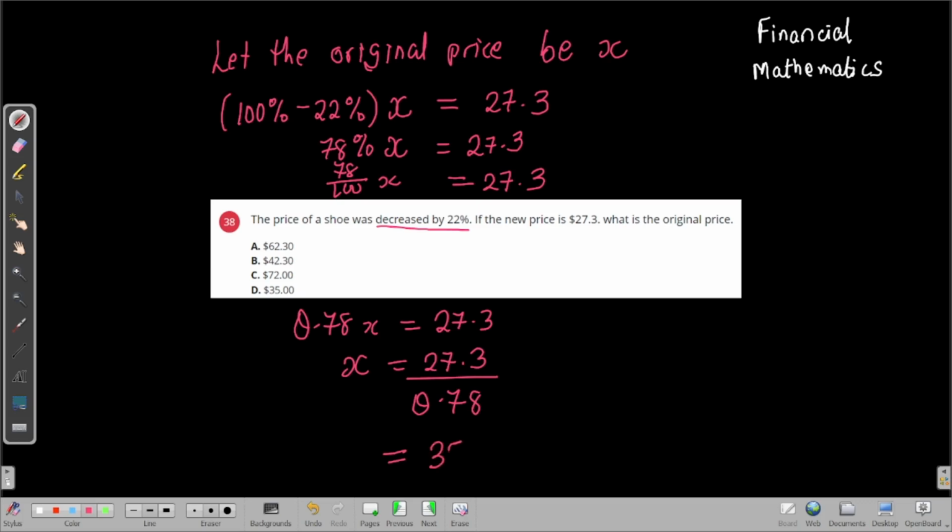This will give me $35. So remember that if the price was increased, you add 22% to 100%, but it was decreased, so you subtract 22% from 100%. We're going to have a class on financial mathematics on Tuesday, so we'll do more of this.